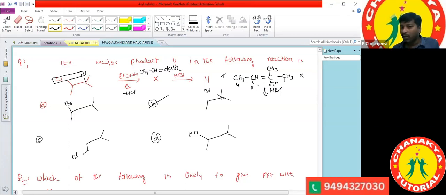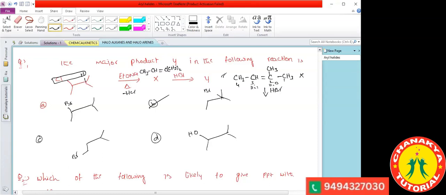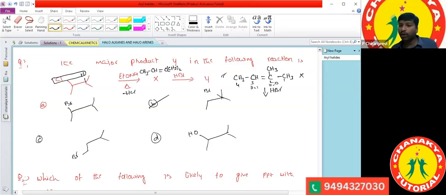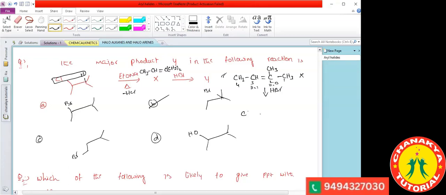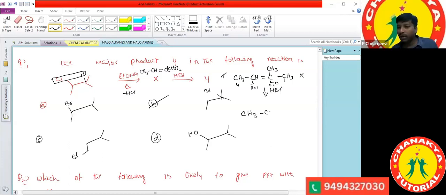Which is the least number, 0 or 1? 0, sir. So bromine attaches to the second carbon atom, giving CH3-CH2-C(Br)(CH3)-CH3.